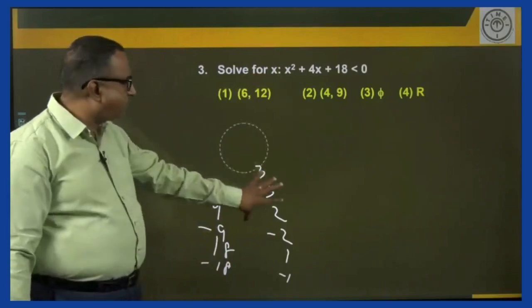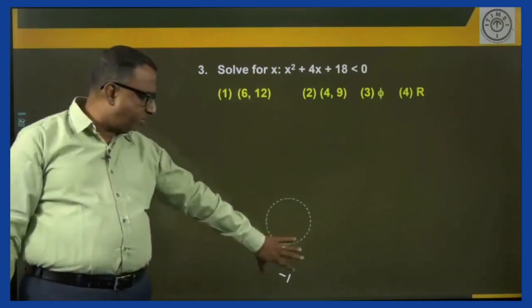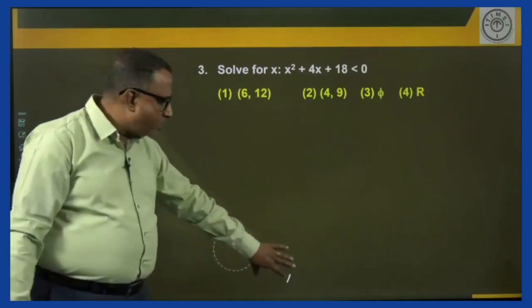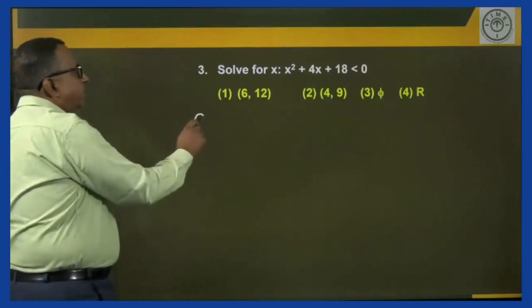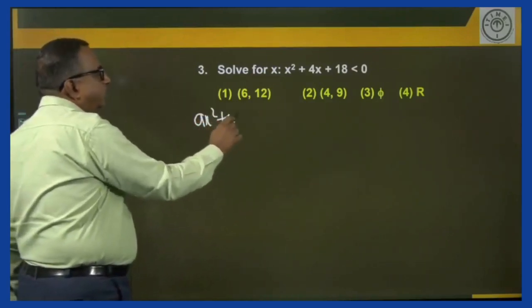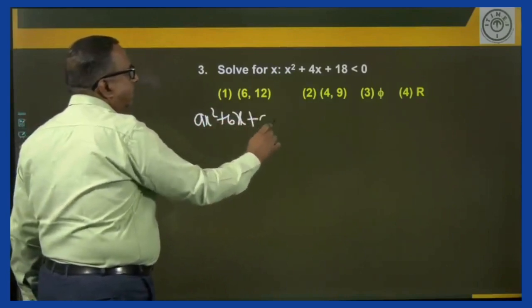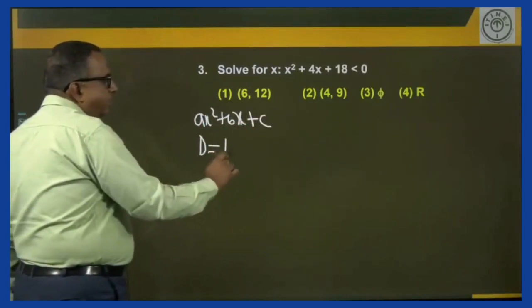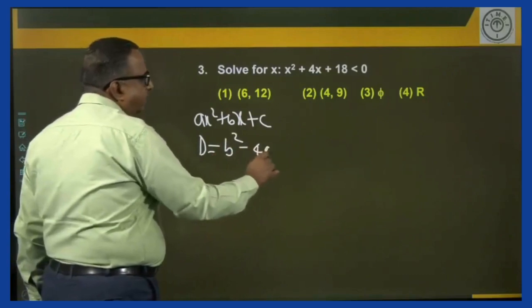So, what you do is, there is a shortcut for this problem. The shortcut for this type of problems is, whenever you are given a quadratic expression, ax square plus bx plus c, there is something called discriminant, which is given by b square minus 4ac.